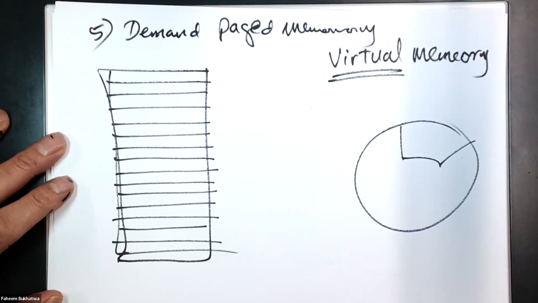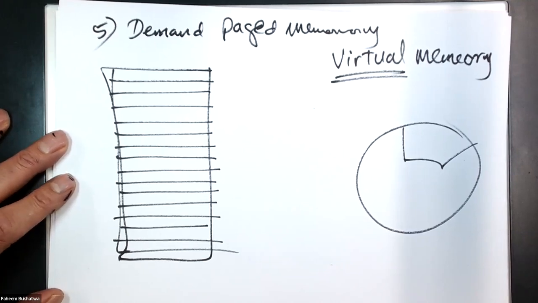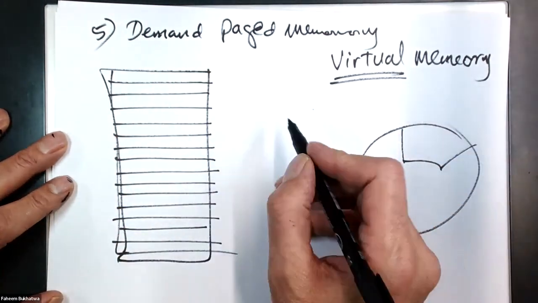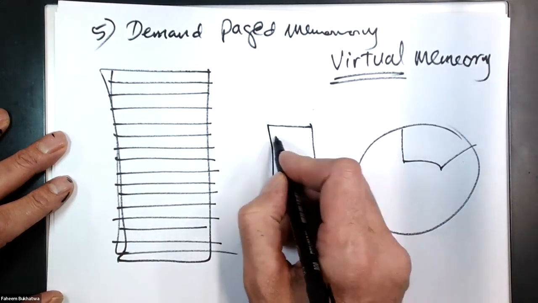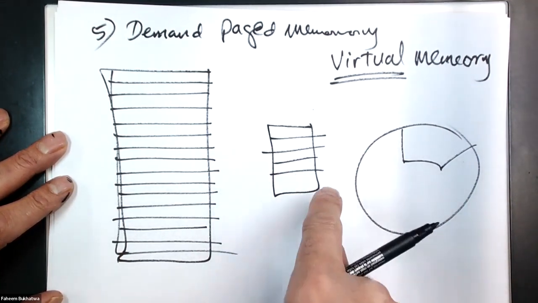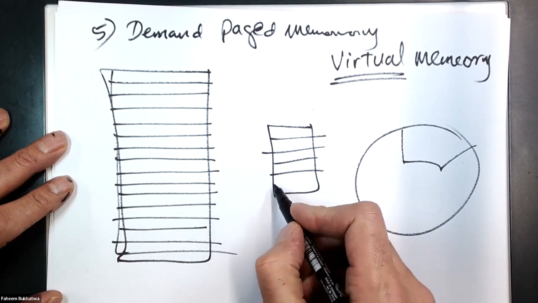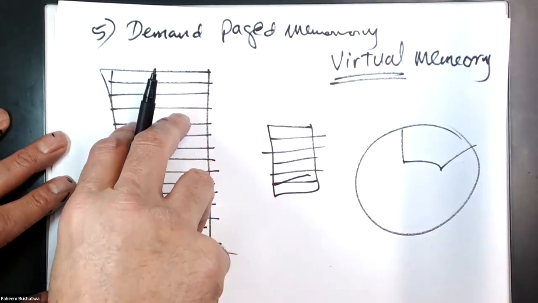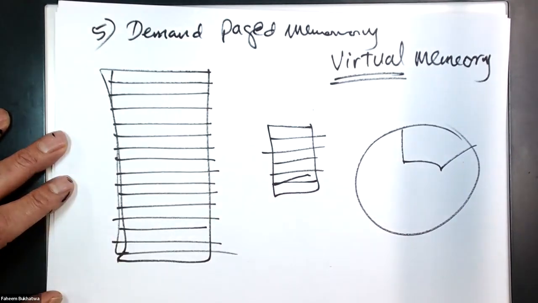If you say pages, it's okay, you won't be deducted marks. But remember, when a program comes in, it's also divided into pages. So just to differentiate between the pages of a program and the pages in main memory, they call the pages in main memory page frames.